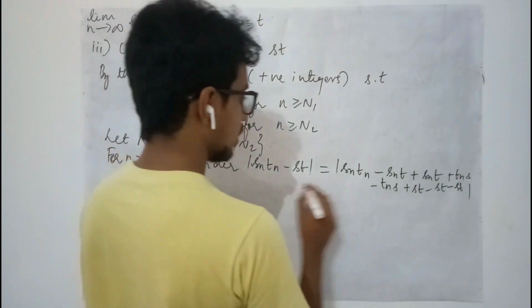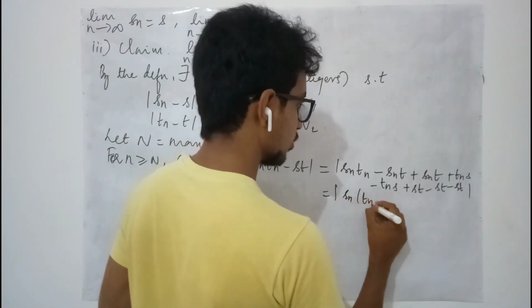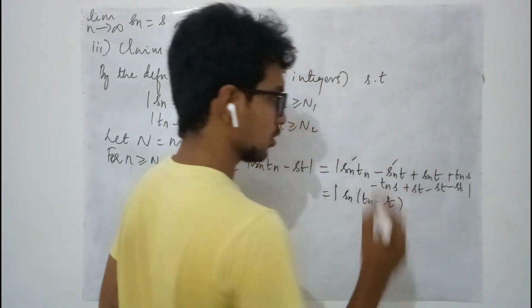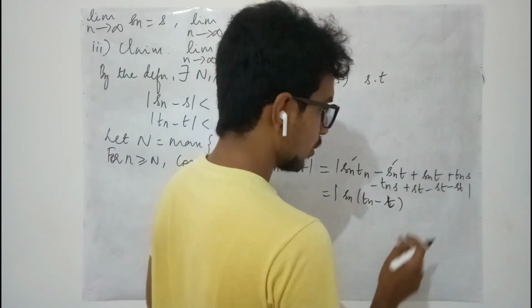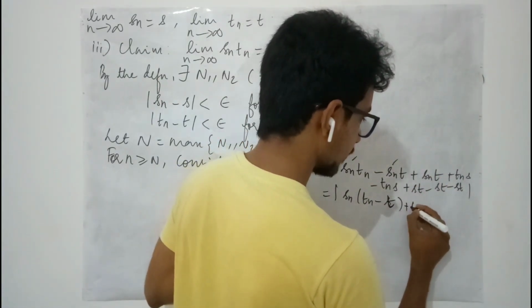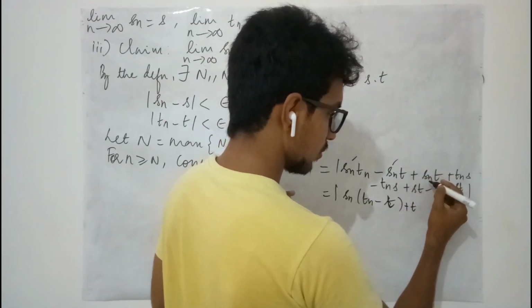Now I am going to do some work here. Absolute value of, let me take Sn as a common factor, so Tn minus T from these two terms. Now let me choose T as a common factor. When I take T, what am I going to get from these two?